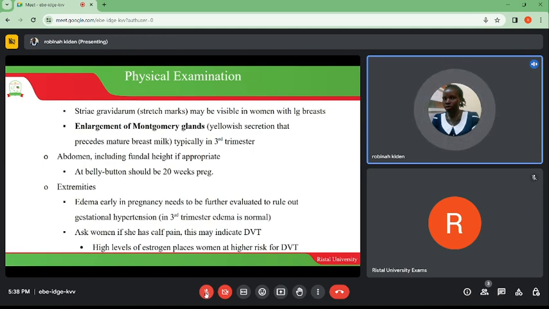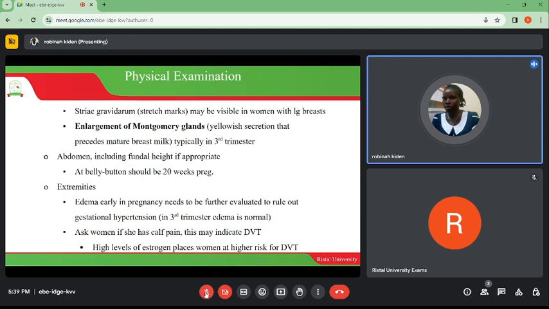This in most cases leads to a yellowish secretion that precedes mature breast milk, typically in the third trimester. So the Montgomery glands also enlarge, and these are very important for the secretion of milk.